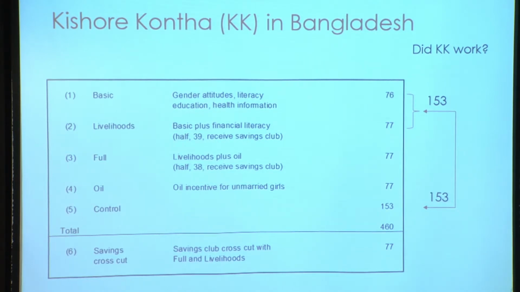Now, the other thing that I can do, and this is why I have the bigger control group, is that I can ask the question: if I combine these two, did KK work? There are 2 different versions of KK. I'm just going to combine them into one group and say, did it work? And when I say it, I mean half of them getting financial literacy and half of them not, but overall, did it work?